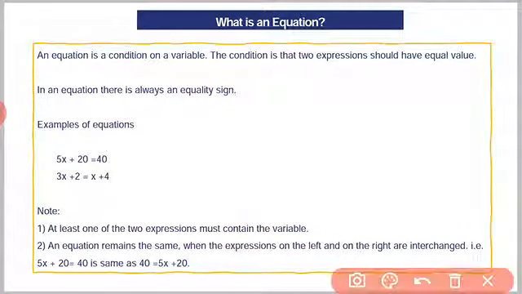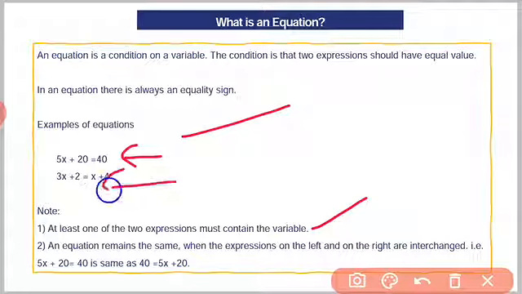So please note that an equation should have at least one variable. In the first case there is a variable only on the left hand side, there is no variable on the right hand side, whereas in the second case there are variables on both sides. So in an equation at least one of the two expressions must contain the variable.